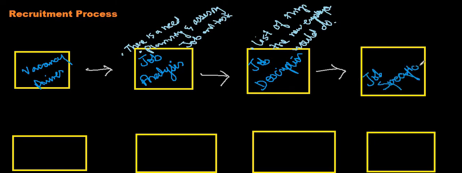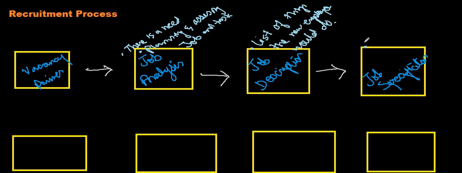The difference between job description and job specification is the job description is what he will be doing when he will be starting working for the company, and job specification is what is needed in terms of requirement.